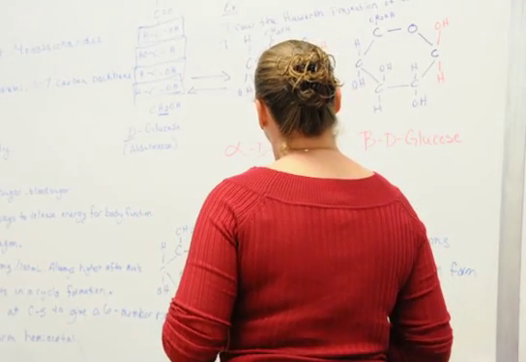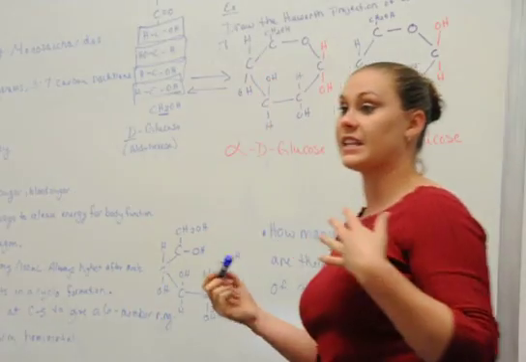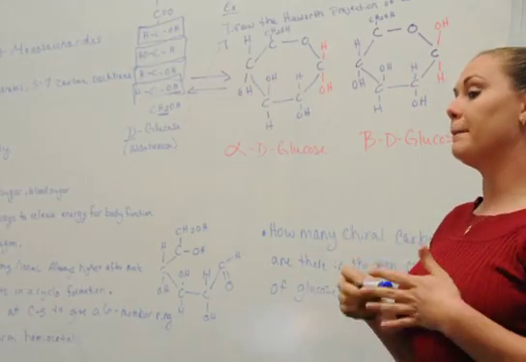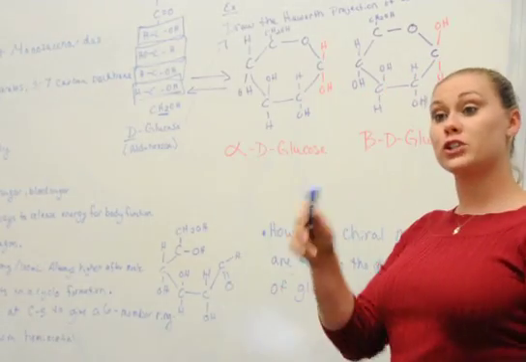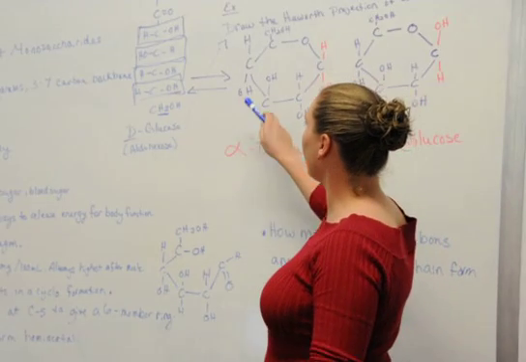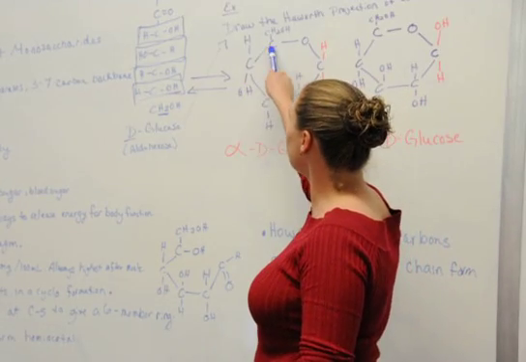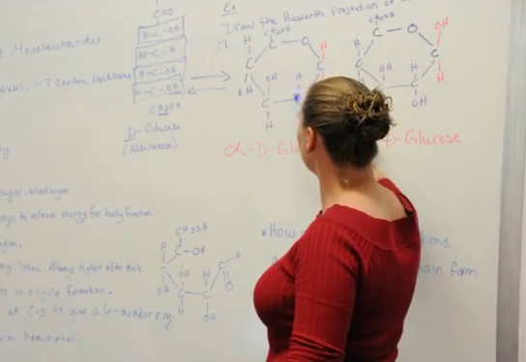So, if you go over here, say it asks how many chiral carbons are there in alpha D-glucose. Well, first you have to know how to draw alpha D-glucose. Second, now that I've drawn it, this can't be it because there's 2 H's there. Well, this one, and this one.